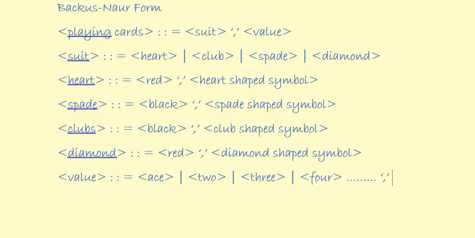Put in our and symbol, and remember, for Backus-Naur form, a value for us can be defined as also being a joker, but because it's in braces, that is optional. You may have a joker, you may not have a joker, but if there was no joker present, it wouldn't upset the rules, the program wouldn't fail. If there was a joker present, again, it wouldn't upset the rules, because it's allowed.